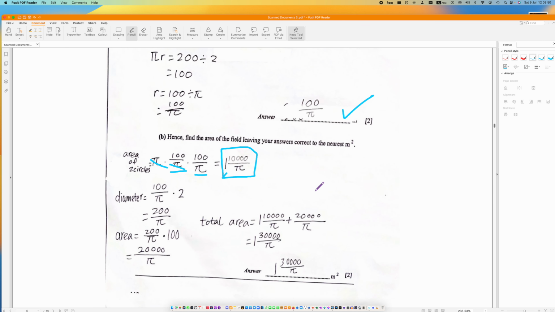I don't know how to calculate so many pies against each other. So 10,000 divided by pi. They say give in pi. I mean part B, isn't it still in pi? No, they say correct to the nearest meter square. So whole number.